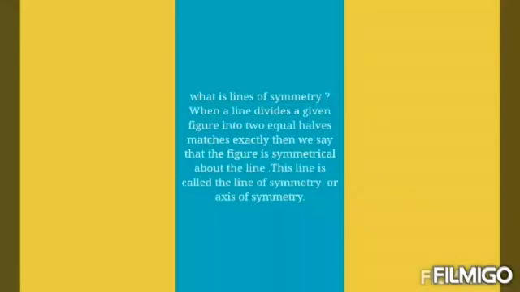For example, Taj Mahal. Taj Mahal is a symmetrical monument. Students, what is it? Anybody know the answer? Yes, it is the Taj Mahal. Okay, where is it located? It is located in Agra. Taj Mahal is a symmetrical monument and it has one line of symmetry.